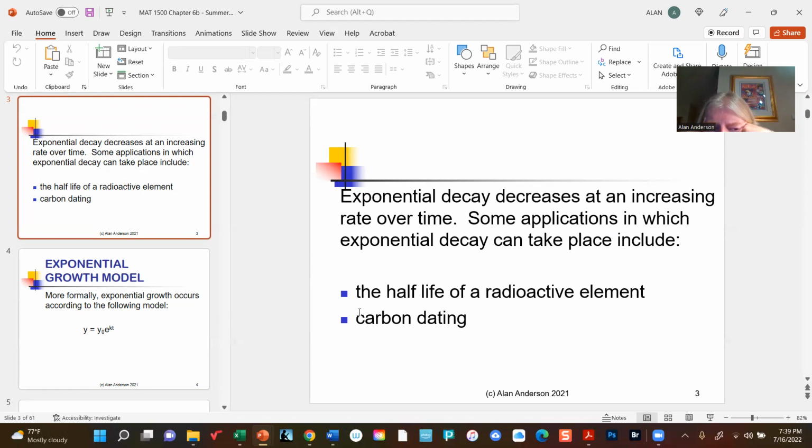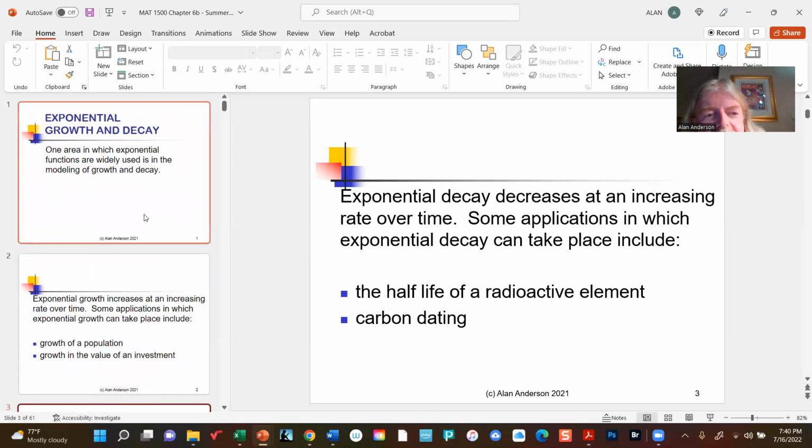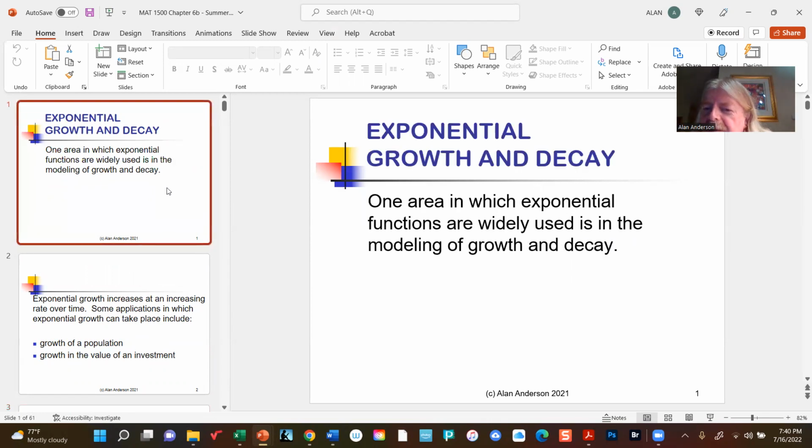So anyway, we'll be doing that. And we'll be focusing our attention again on the exponential function, because it's awfully useful in a lot of real world applications. Okay, so the next recording will be chapter 6b. And again, it'll focus on applications of growth and decay, which I think you'll find to be extremely interesting.